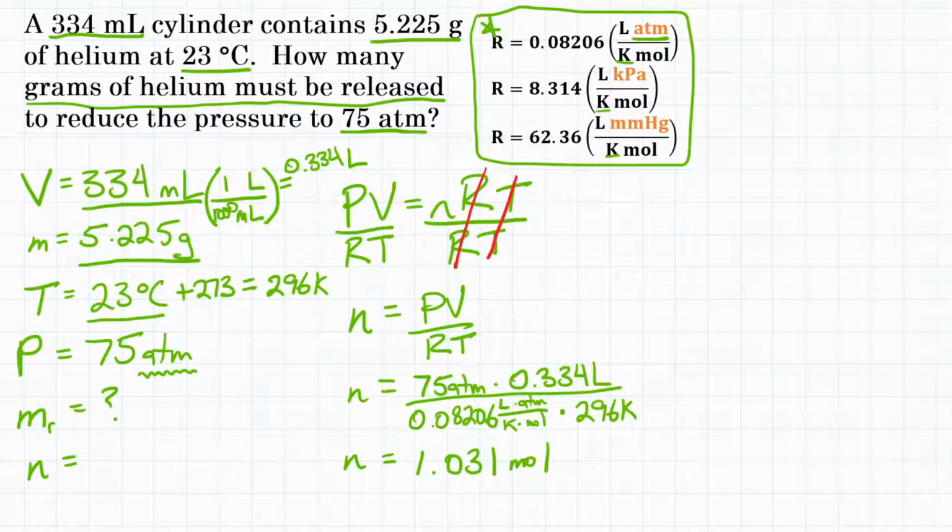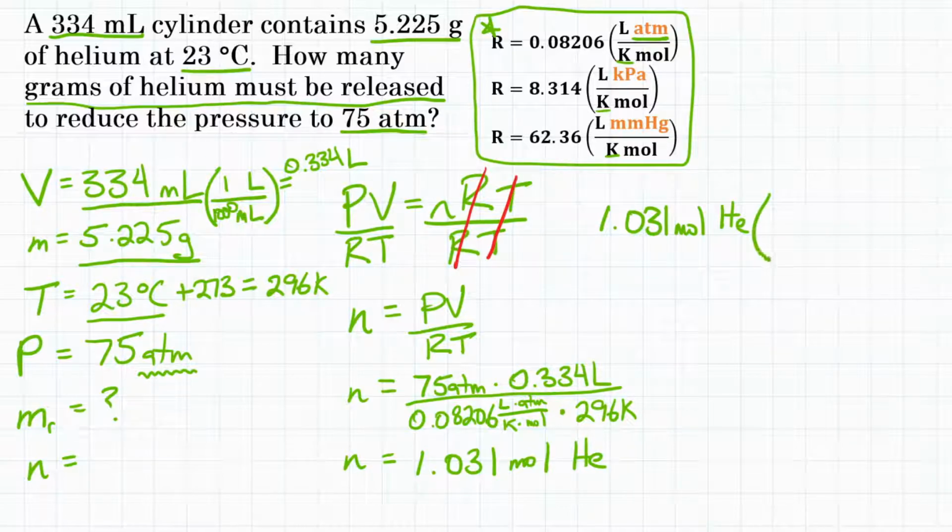So we now have to get the molar mass of helium and turn these 1.031 moles into grams to give us the number of grams we need for that pressure, and then we subtract that from what we have to get how much we must release. Okay, so again, we have 1.031 moles of helium. That's the amount that will give us the pressure of 75 atmospheres. So how many grams of helium is that?